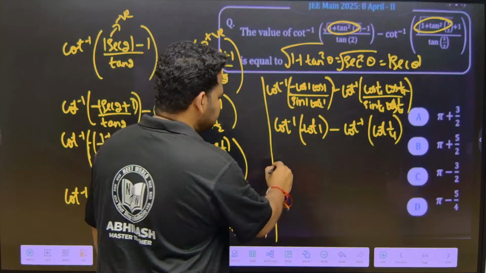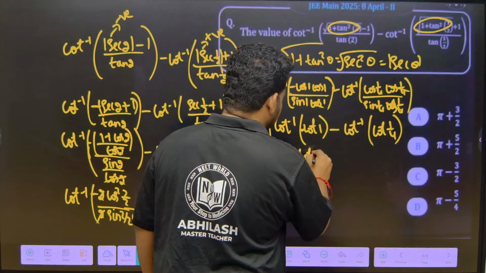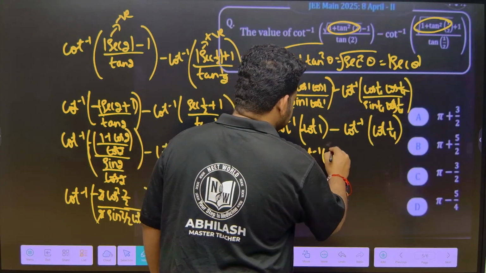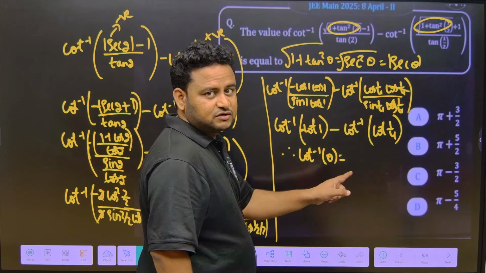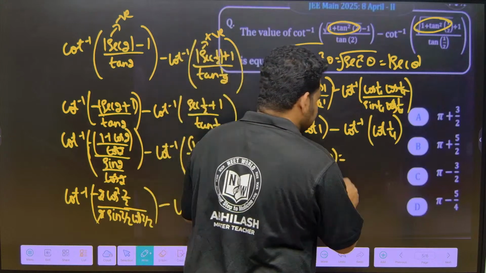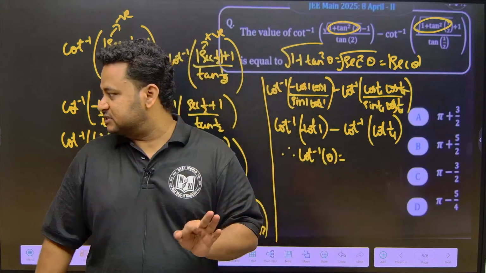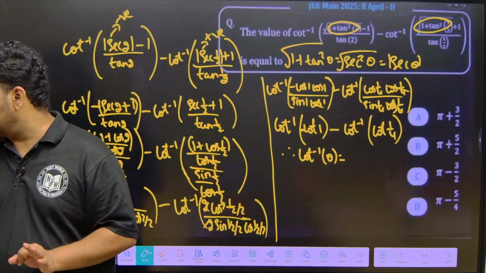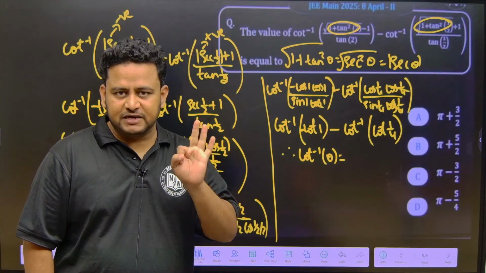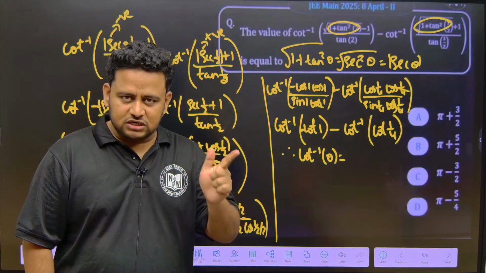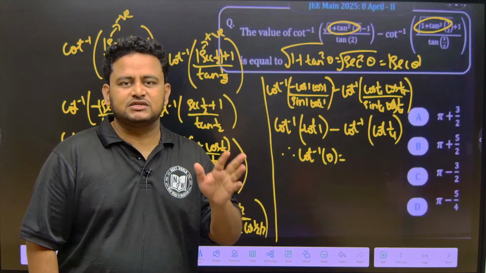We know that cot inverse of minus theta is not minus of cot inverse of theta. It is pi minus. I told you the Trimurti trick in our concept classes: sin inverse, cosec inverse and tan inverse behave similarly, and cos inverse, secant inverse and cot inverse behave similarly.